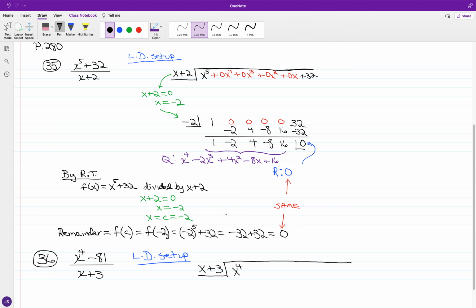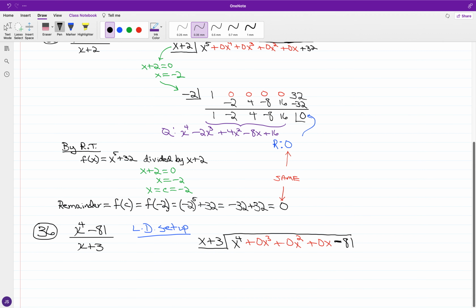So we're going to have some missing degree terms. We have a missing third order term, a missing second order term, and a missing first order term. Again, we have minus 81. And translating in the context of synthetic division.